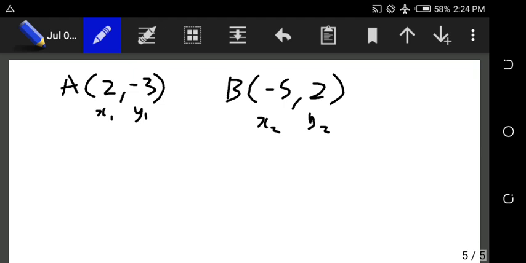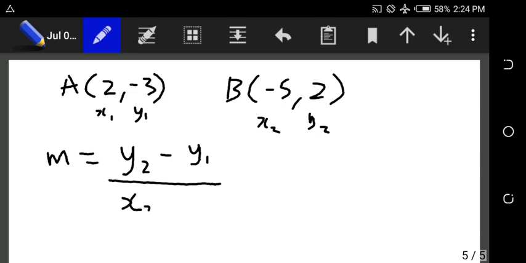Going ahead to use the formula, let me write it again. M is equal to y2 minus y1 over x2 minus x1. Remember that the m means the slope, that's the gradient. So going ahead, our y2 is 2, right, minus our y1, which is minus 3.